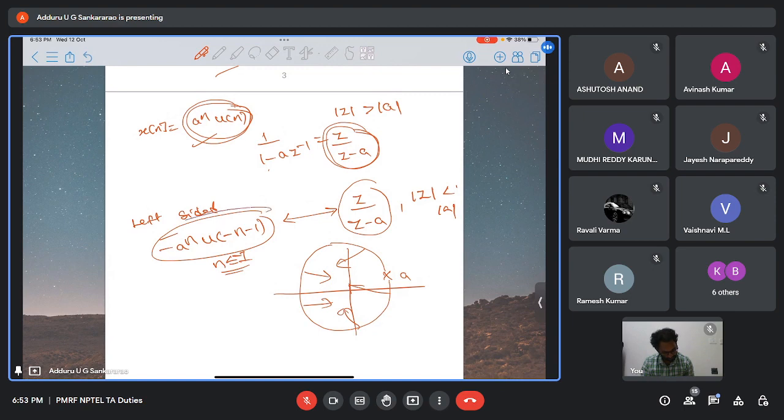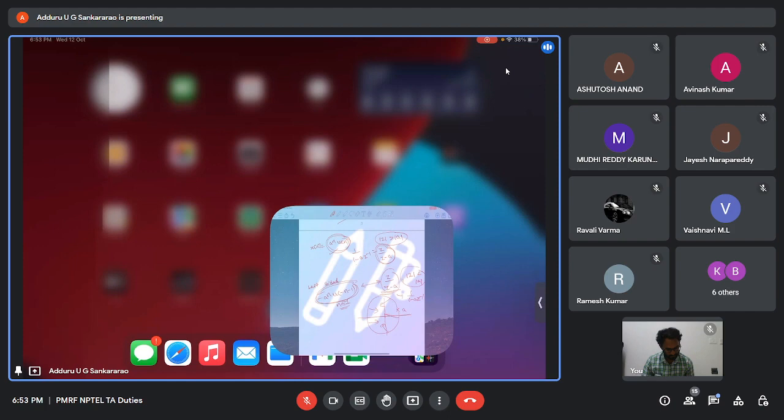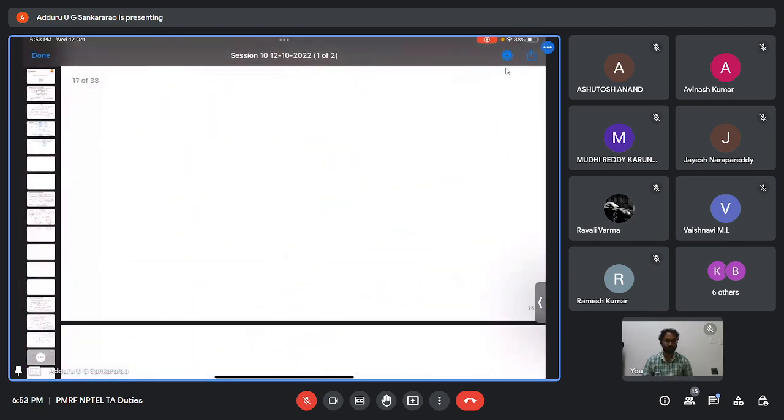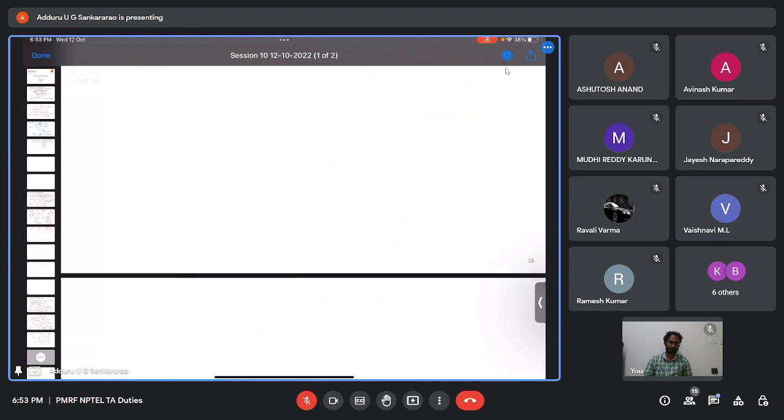Similarly, for the left sided signal it is also the same, 1 by 1 minus a z inverse. For the right sided signal the ROC is mod z greater than mod a, and for the left sided signal mod z less than mod a. Based on this we need to find the inverse z-transform. Can we move on to the next question, or do you have any doubts on this?